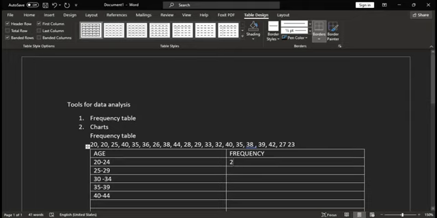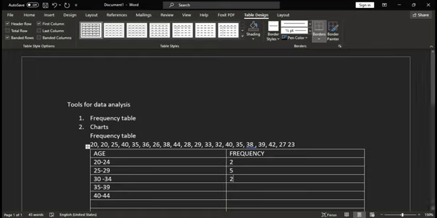For 25 to 29, you have 25 1, 26 2, 28 3, 29 4, 23 5, frequency of 5. For 30 to 34, you have, let us see, 33, 32, that is frequency of 2.